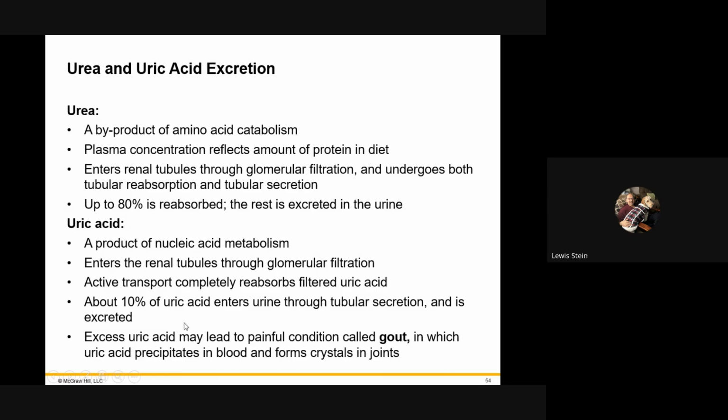About 10% enters the urine and is excreted. The trouble with uric acid, and typically it's a hereditary fault, is where gout comes from. Typically, an enzyme is missing that facilitates our being able to get rid of it efficiently.